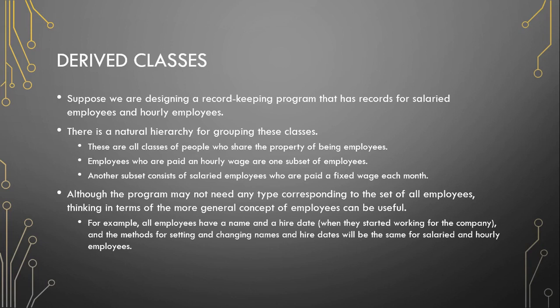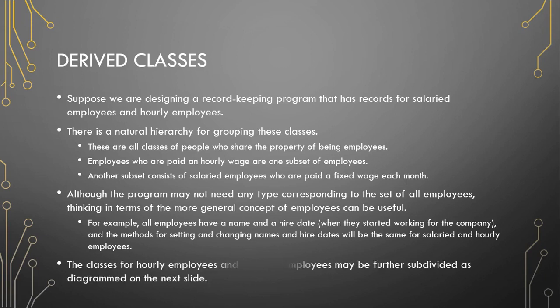Because, for example, even without knowing all this stuff, you know they're going to have a name, and you're going to have when they started with you. That's the hire date. That's two properties, two variables that you could make right there that could therefore be shared across both the salaried employee and the hourly employee.